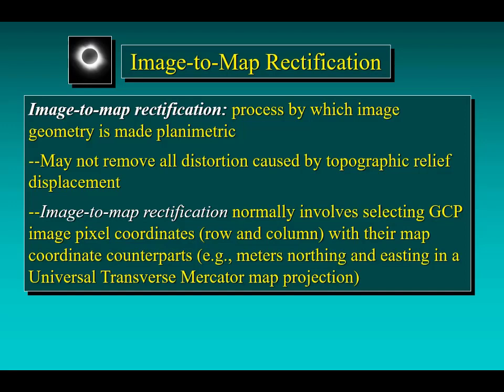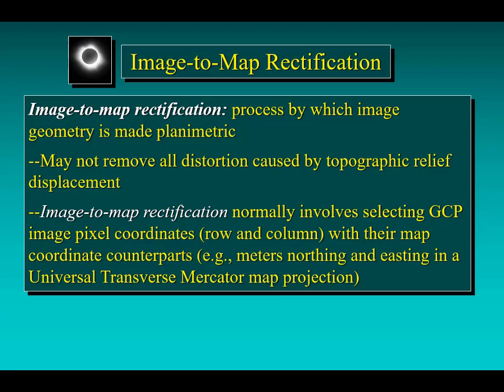So keep in mind that image to map rectification normally is going to involve selecting GCP image pixel coordinates. So that's just the row and column coordinate locations for a ground control point in the unrectified image, with the map coordinate counterparts, again for the same GCP, but we're extracting the map coordinates from some sort of base map or georeferenced image base.